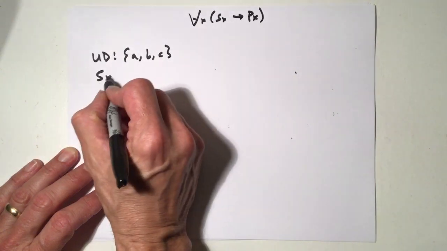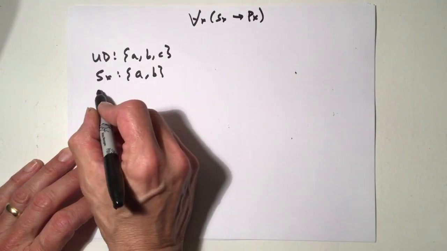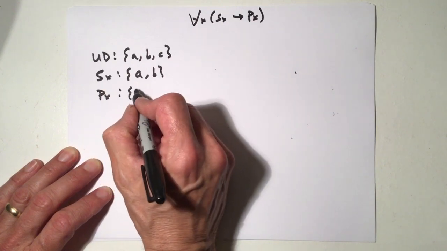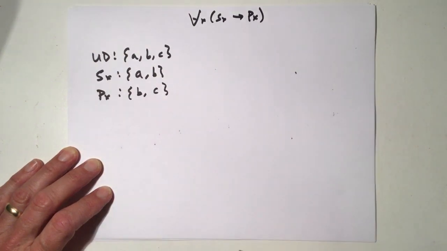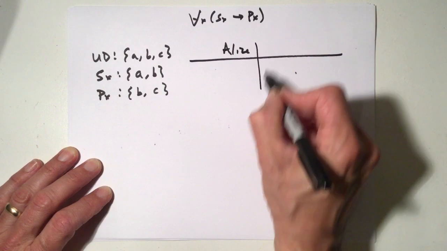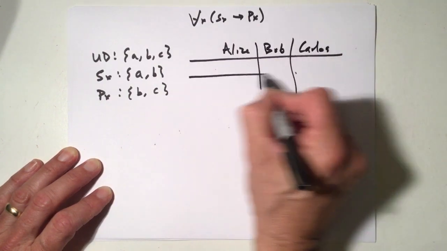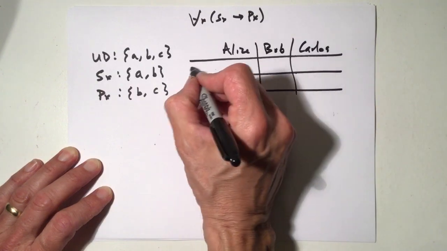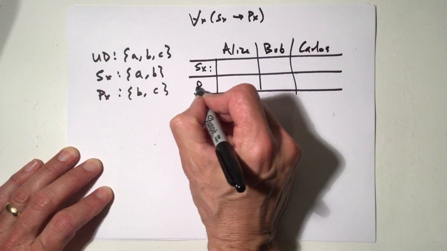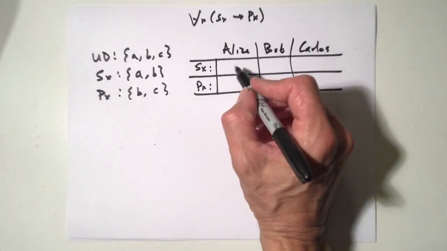And for Sx, I'm going to have A, B. And in the extension of Px, that's the proper name for this set that I'm about to write down, is B, C. So in other words, if I were to make a chart like we did on the last page with Alice, Bob, and Carlos, and this is whether or not the person is a scientist and whether or not the person is a philosopher, to think about it the way that we sometimes do in class.